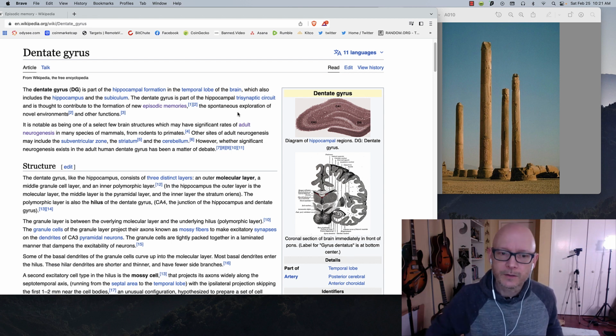There's another thing that the dentate gyrus is responsible for, and it deals with processing information. And there's two elements of it: pattern separation and pattern completion.